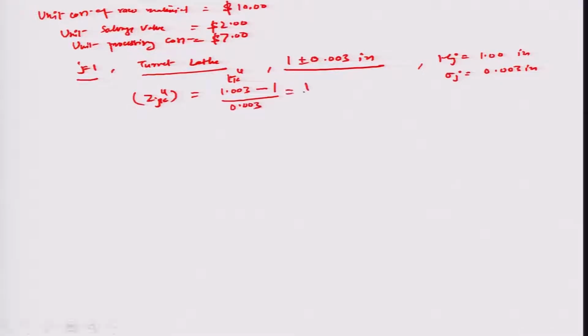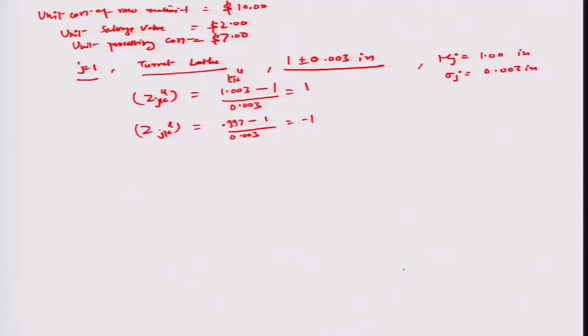So, this happens to be about 1. Similarly, the Z lower value happens to be 0.997 minus 1, divided by 0.003. So, this happens to be minus 1 in this particular case.